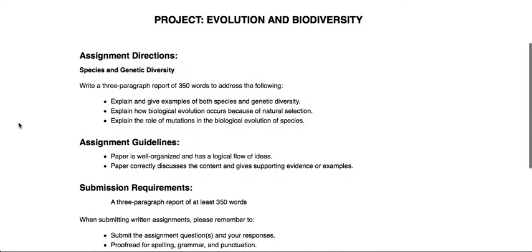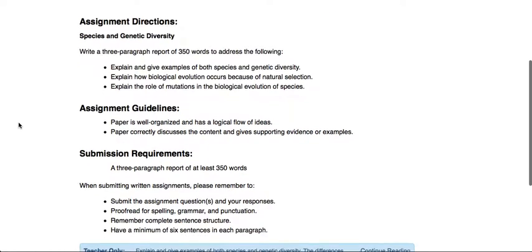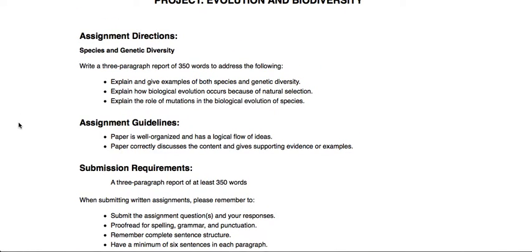So from there, here's how I would suggest framing it. The first question talks about explaining and giving examples of both species and genetic diversity. So think about this from the perspective of the genetic makeup. The DNA of organisms of the same species is the genetic diversity. So those variations that exist, whether it be color, size, or shape, are what we see when we look at different organisms and different species.